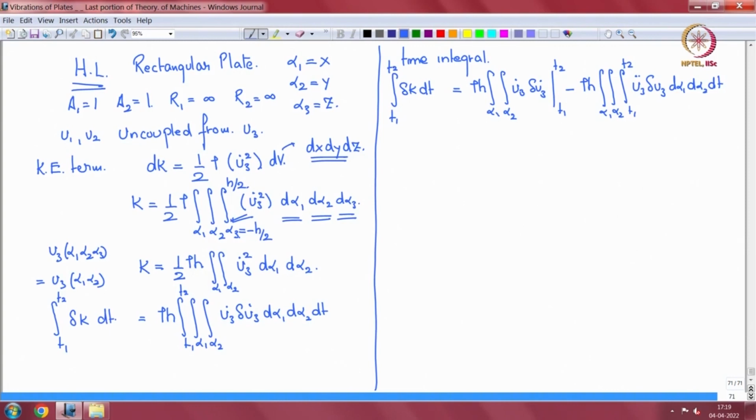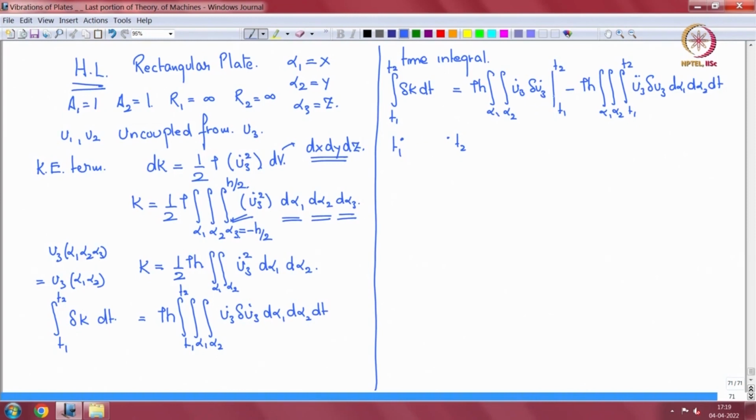Hamilton's law says that the dynamical system moves between two state points, one at t1 and one at t2, and these are known state points, and therefore their variations are 0.